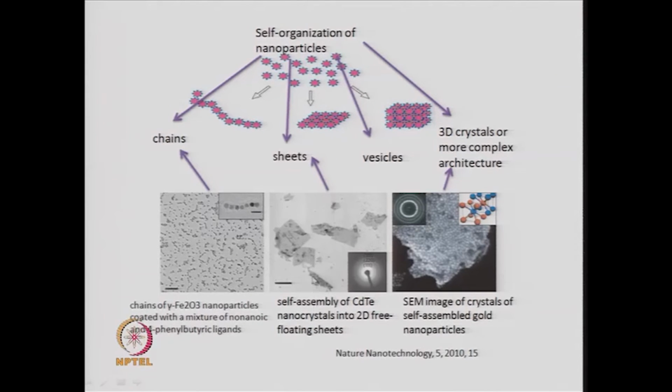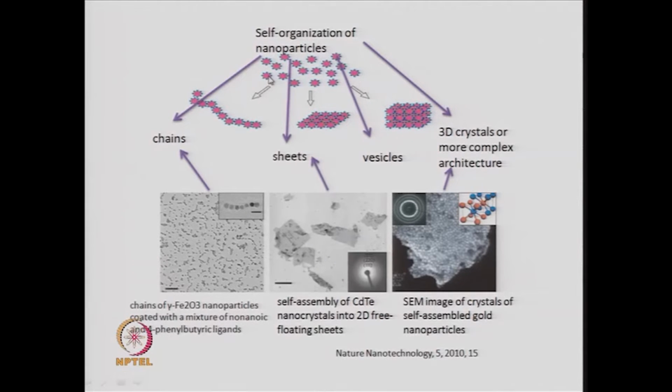2D sheet. This is a 3D crystal. So, a 3 dimensional crystal where you have a more complex architecture, and it is basically made up of gold nanoparticles. So, you can have different types of organization depending on the particles.